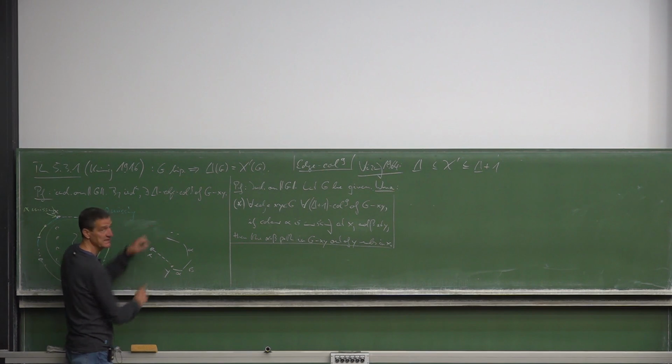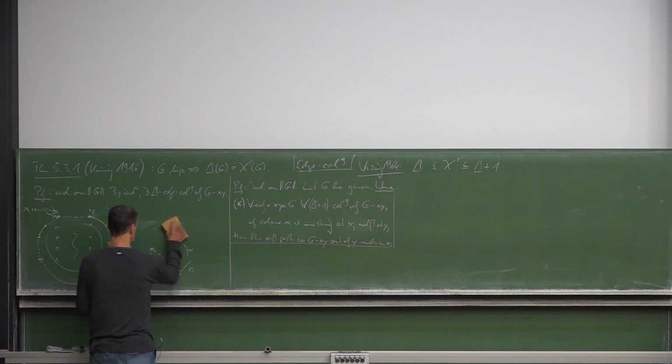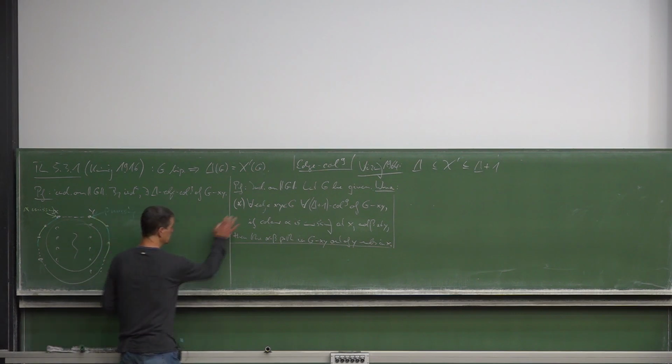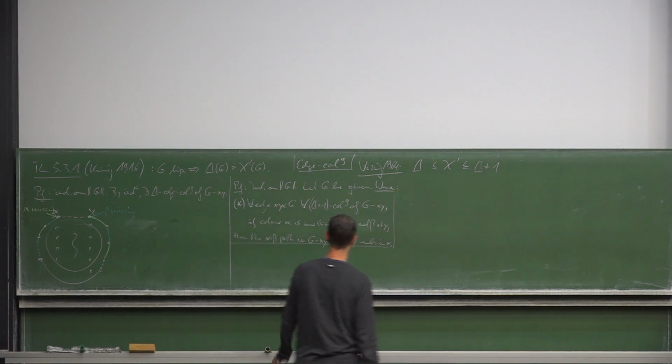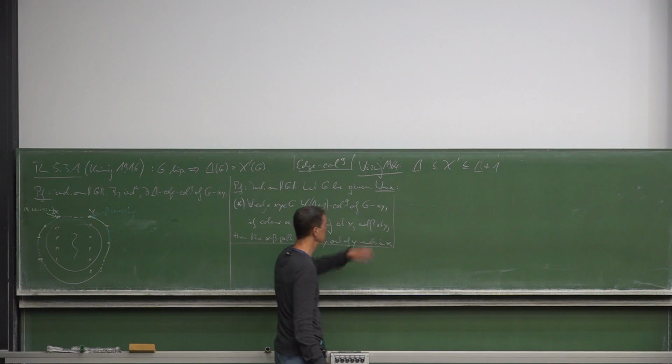We could color this edge alpha. Okay, so we may assume assertion star for any edge xy.